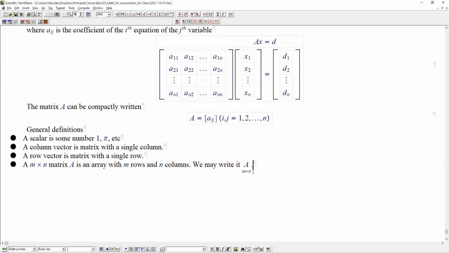It's like in economics too. Sometimes you see some type of notation, sometimes you see some other type of notation. And a square matrix has the same number of rows and columns.